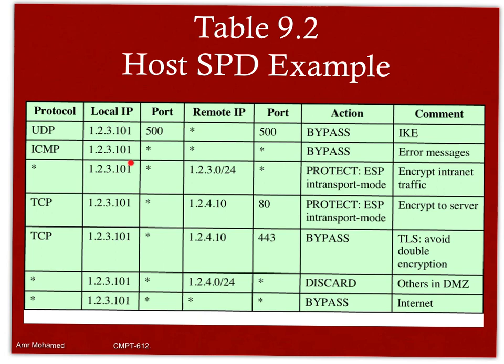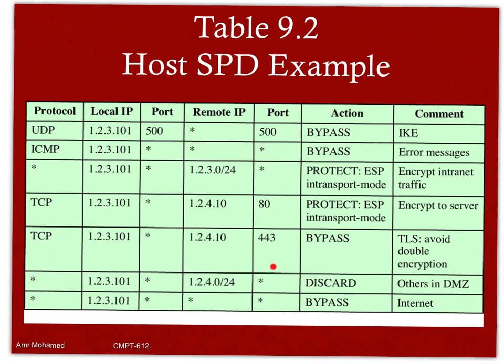So any IP coming from this application to this, or this IP to this IP, will go through ESP. This is a good example. Any traffic that uses TCP from this IP to this IP, and from this port, what is this port? Does anyone remember?